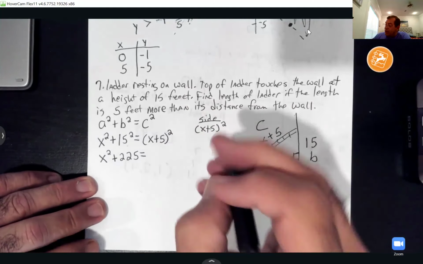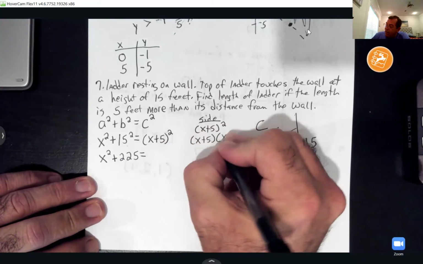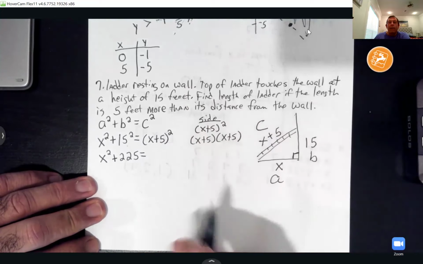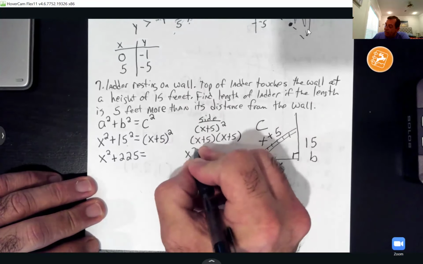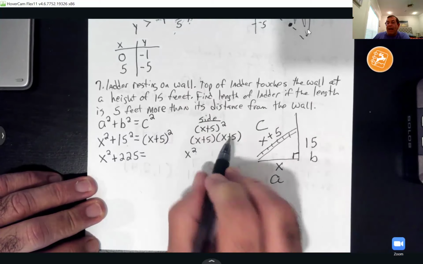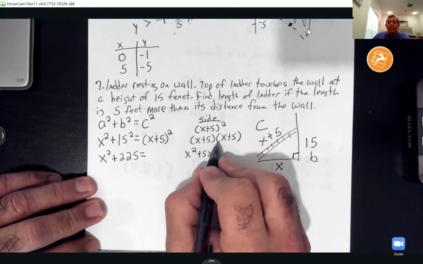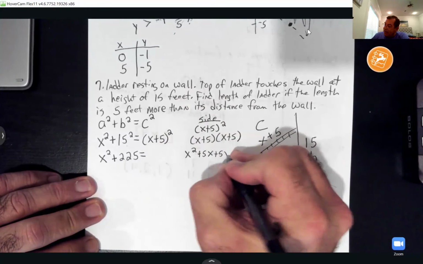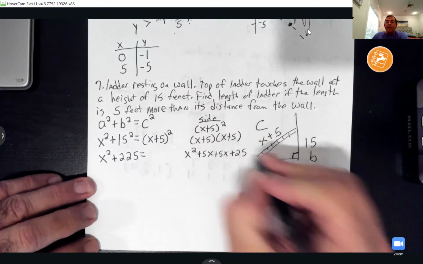Because remember, you got to write this twice and FOIL it when it's being squared like that. So y'all, you'll come in and do x times x is x squared. x times 5 is 5x. 5 times x is 5x. Plus 5 times 5 is 25.